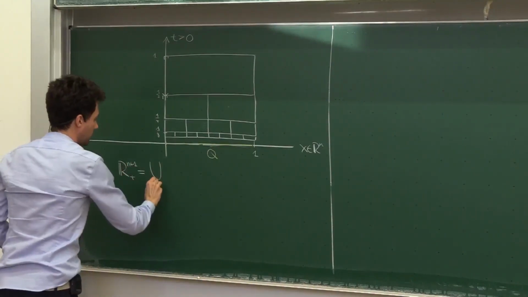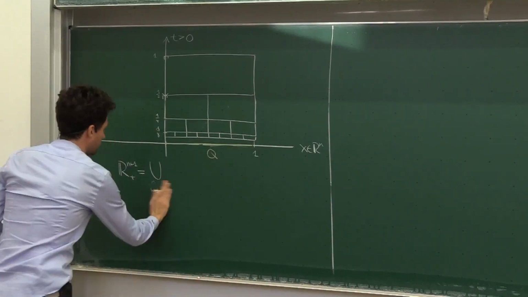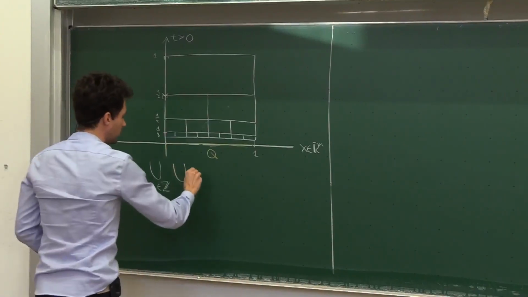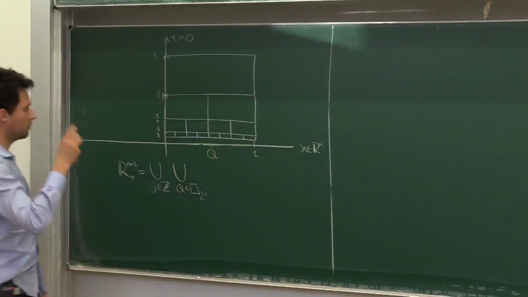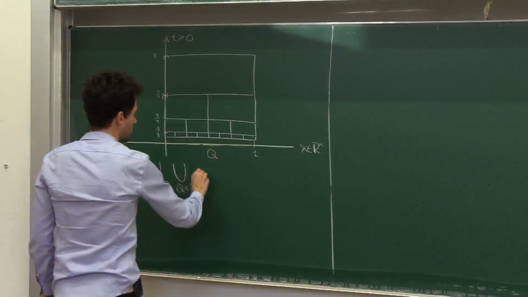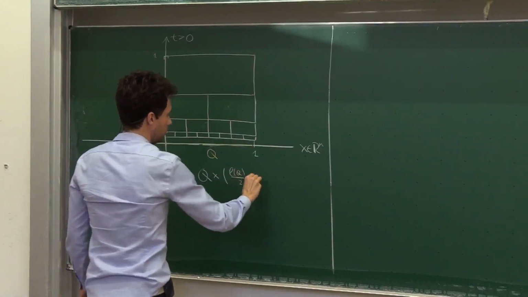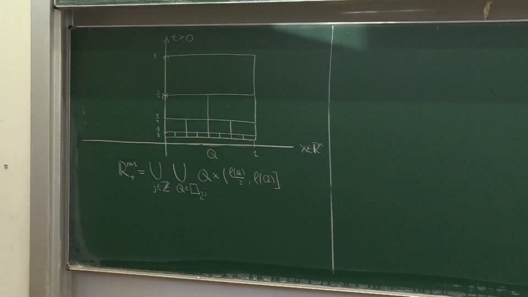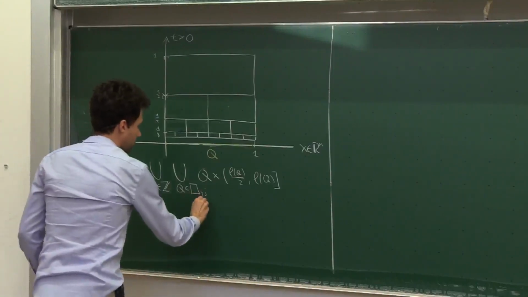This is the union over all j in Z, and then I'm taking the union over all these boxes: Q a dyadic cube of generation 2^j, and I'm taking the box Q cross the interval from length of Q over 2 to length of Q. Okay, these are my boxes, and I could equally write it down because the length of Q is 2^j.